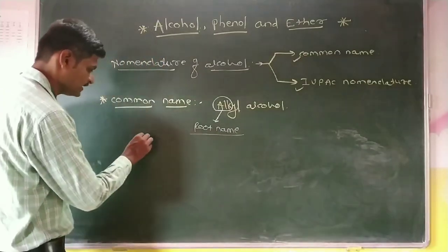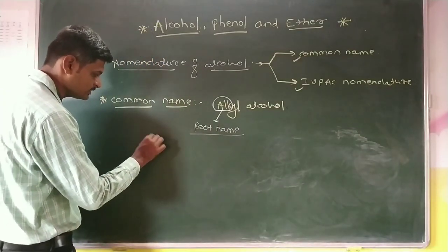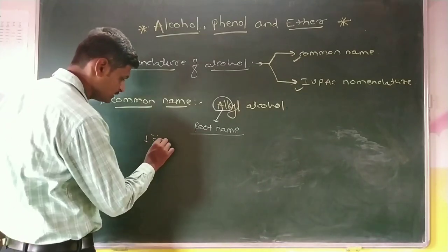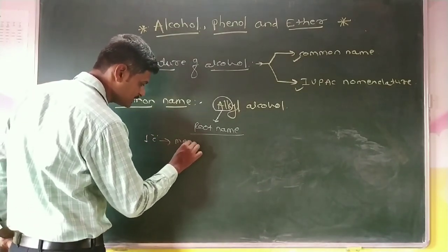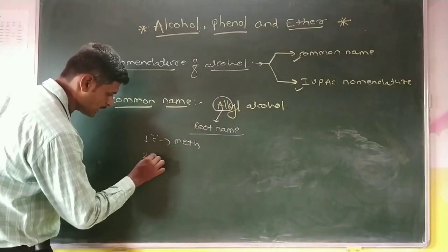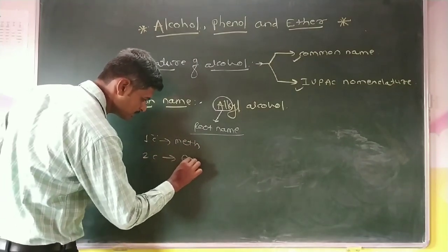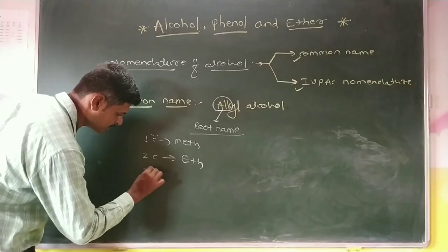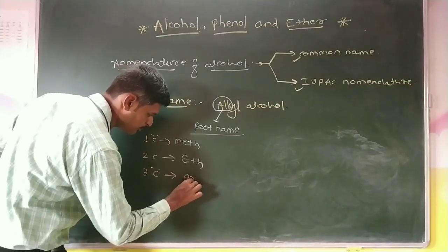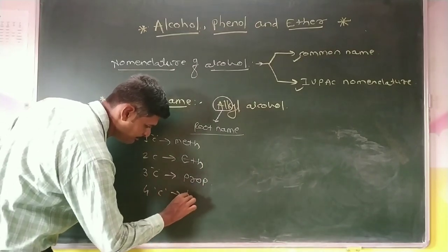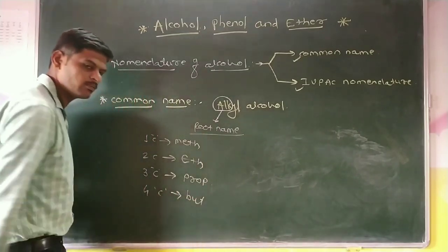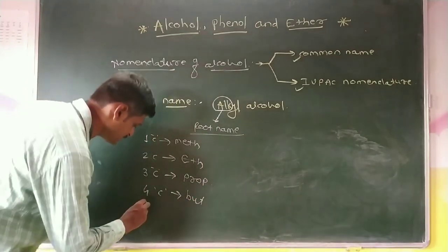If a single carbon atom is present in a molecule, then the root name is meth. Then two carbons, eth. Three carbons, prop. Four carbons, but. Five carbons, pent.